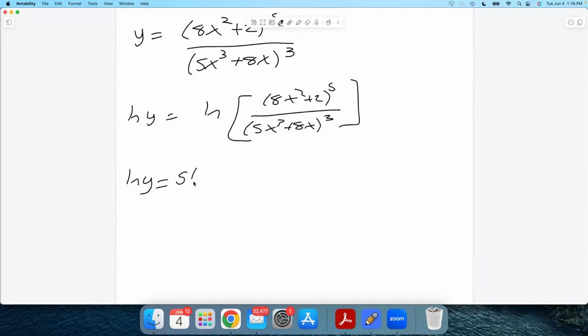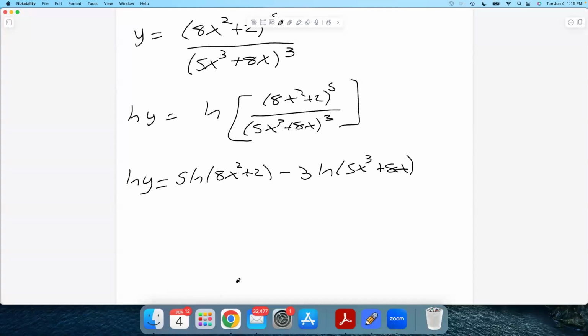So I'm going to get 5 natural log of the top, without the 5, obviously, minus 3 natural log of the bottom, without the 3, obviously, because we've pulled that down. So I did 2 different steps there. Log of a quotient is log of the top minus log of the bottom, and then I pulled the exponents down to ground level.